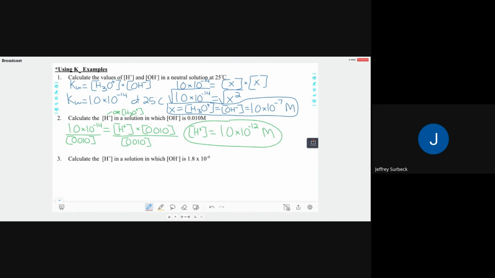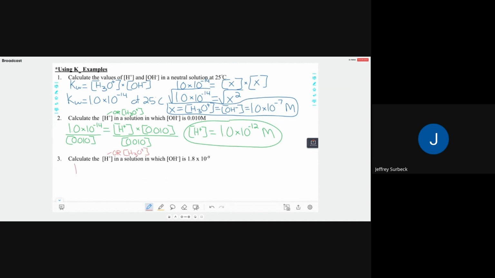All right. Now, our last thing here is this. Similar type of scenario here. We want to calculate the H plus or the hydronium ion concentration in a solution where our OH minus is 1.8 times 10 to the negative 9th. Okay. Now, we plug everything back in.